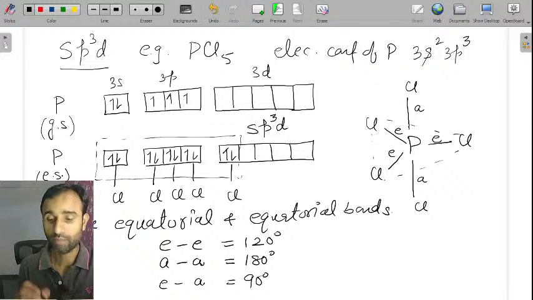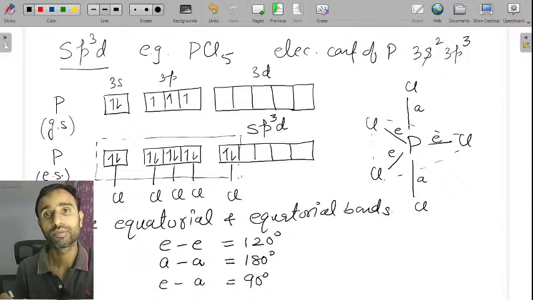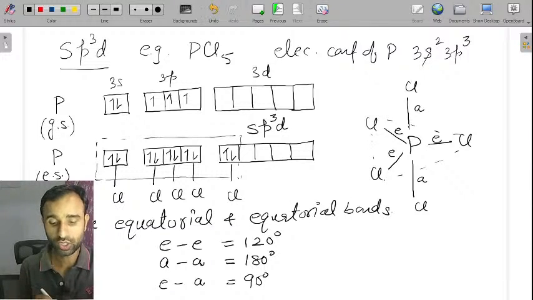Now tell me, repulsion is maximum when bond angle is minimum. Right? So repulsion is maximum between equatorial and axial, so we will consider these bonds.